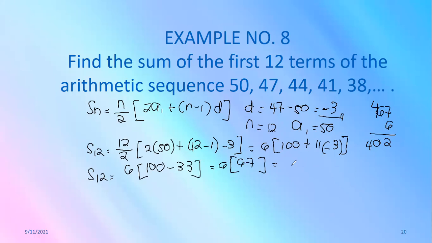Okay, so ibig sabihin the sum of our 12 terms in this sequence is 402. Okay, so malinaw ba? So do you have any questions? Okay, next.